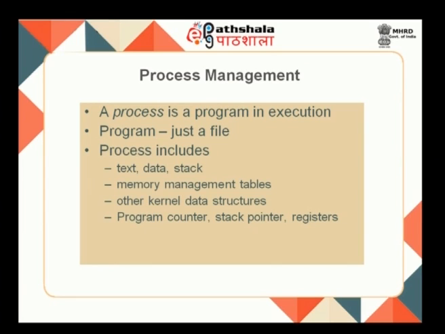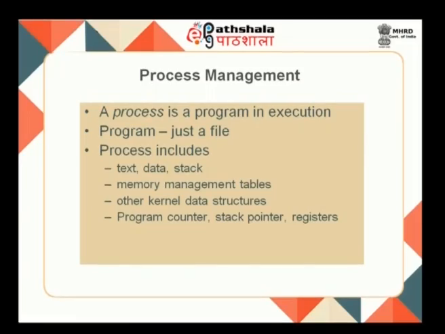In addition to that, you have something called a program counter. What is actually put into a program counter? The program counter will have the address of the next instruction to be executed. When this process is running, the program counter will have the address of the next instruction with respect to this process which is to be executed next.